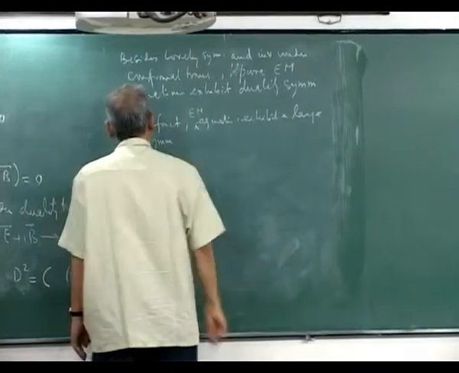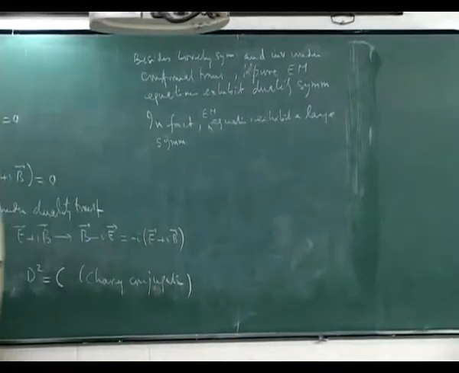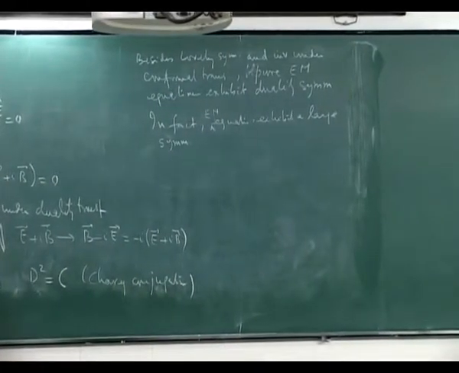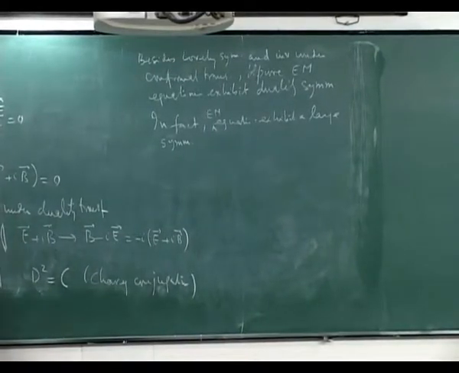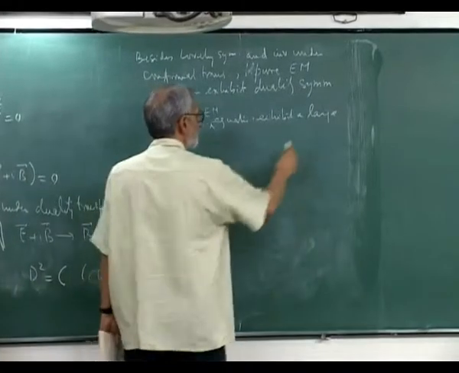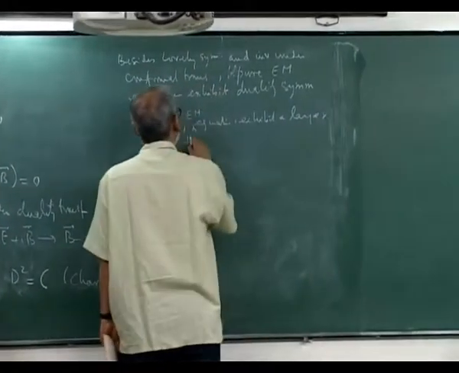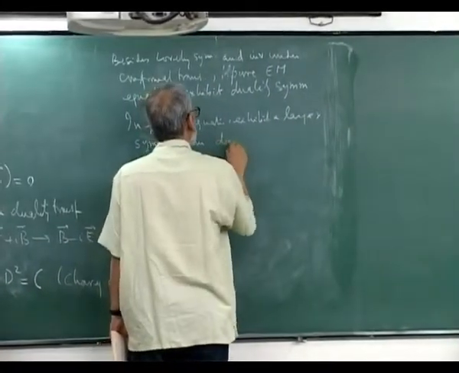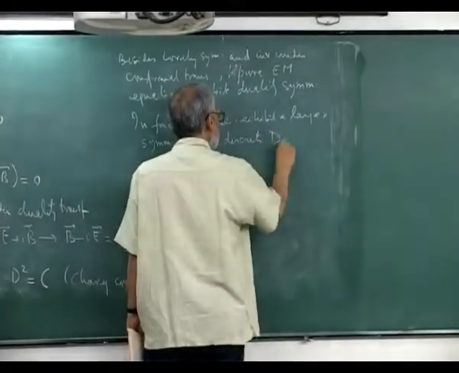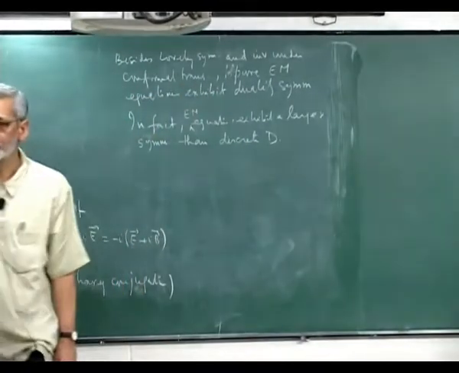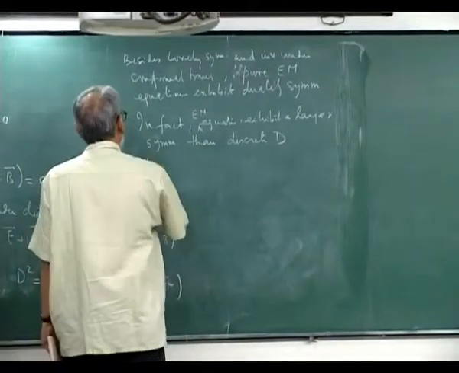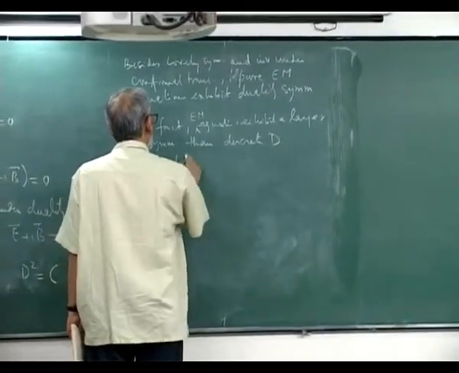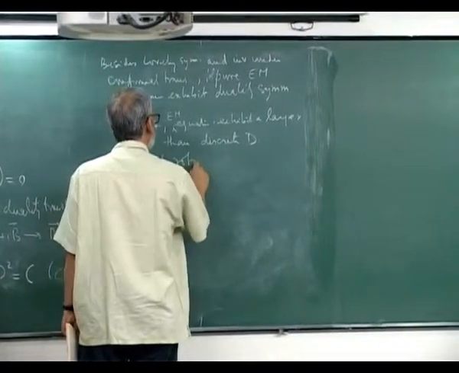How do I see that? Larger than this discrete, this is a discrete symmetry. Larger symmetry than discrete duality. And we give that larger symmetry a name. We'll call it a duality rotation.